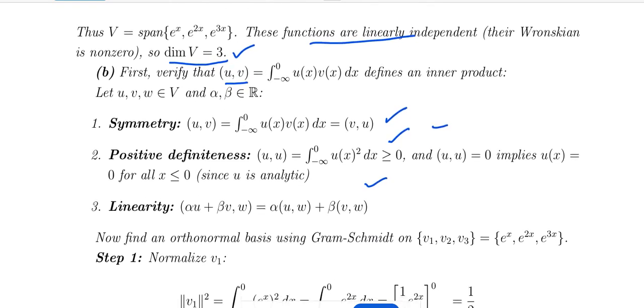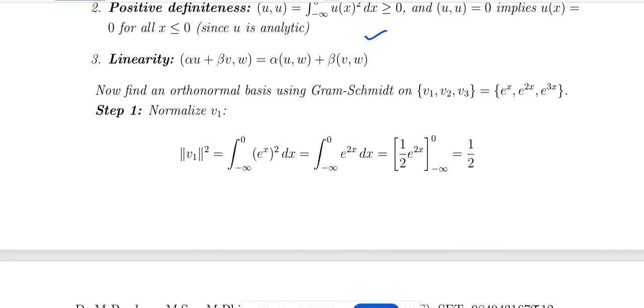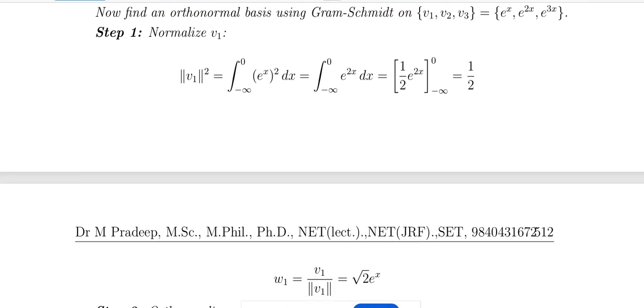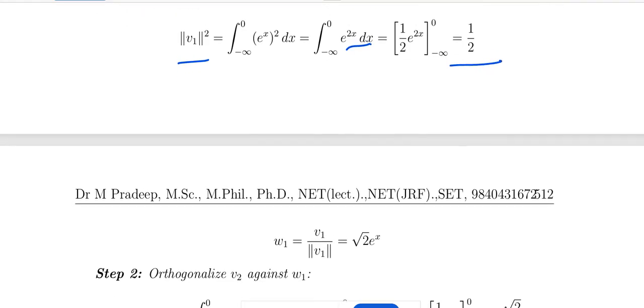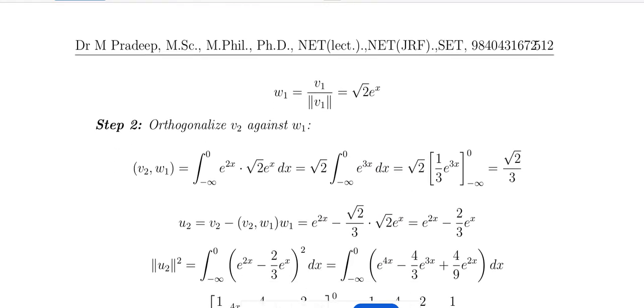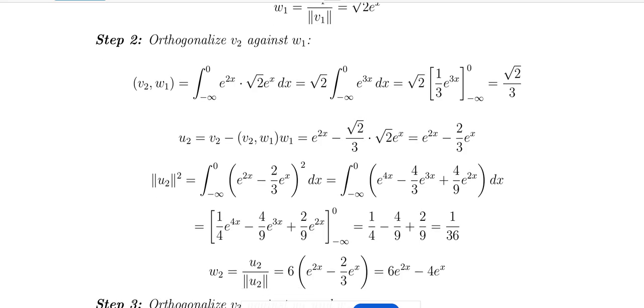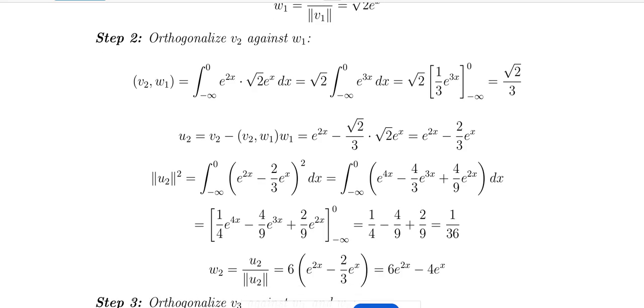Okay, and now find the orthonormal basis using the Gram-Schmidt process. We find norm v1 square, it is e power 2x, and applying the limit we get 1 by 2. w1 is v1 by norm of v1, and we find the inner product of v2 comma w1. So u2 equal to v2 minus v2 comma w1 into w1.